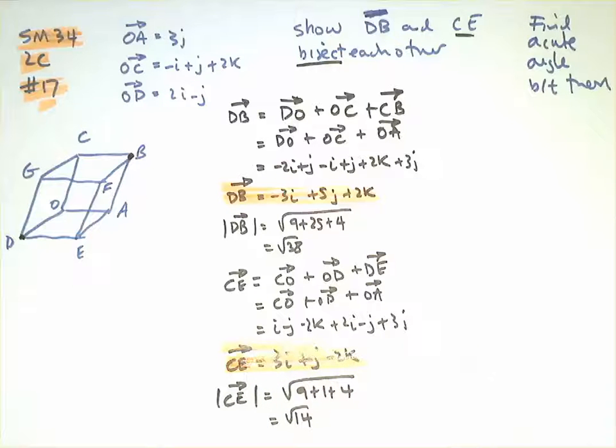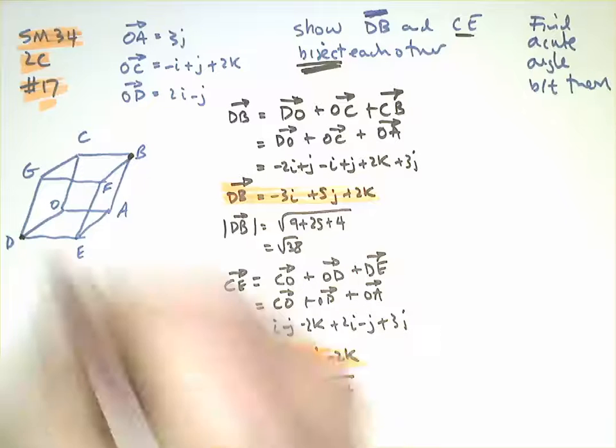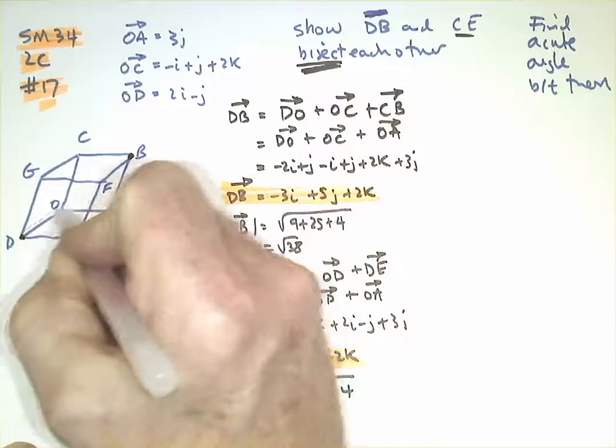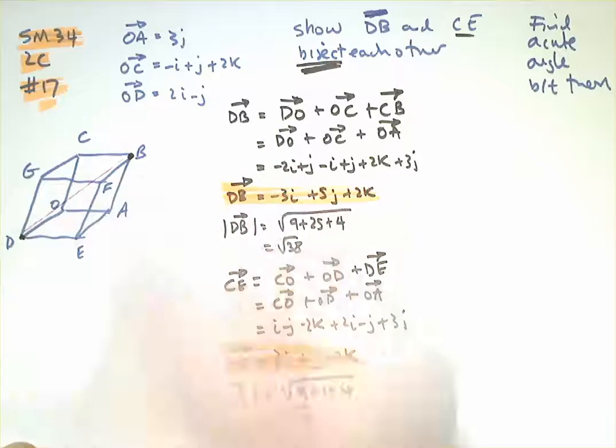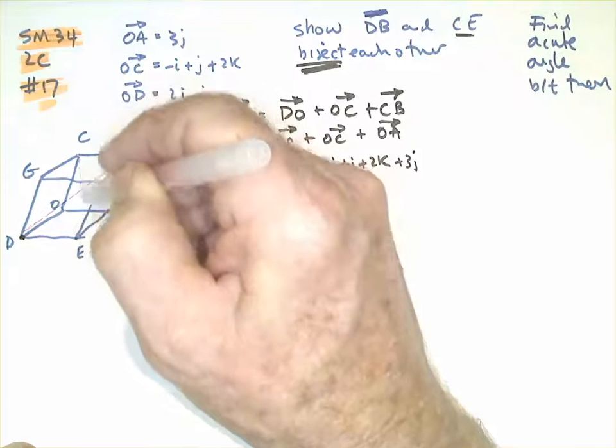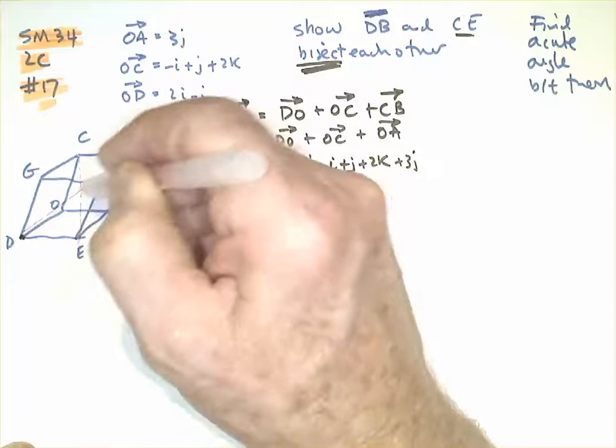Okay, how do I show that they bisect each other? So if I look at what's happening here, I've got D to B, which is the diagonal that runs across there. And I've got C to E, which is the diagonal that runs across there. And they're going to intersect at a point.